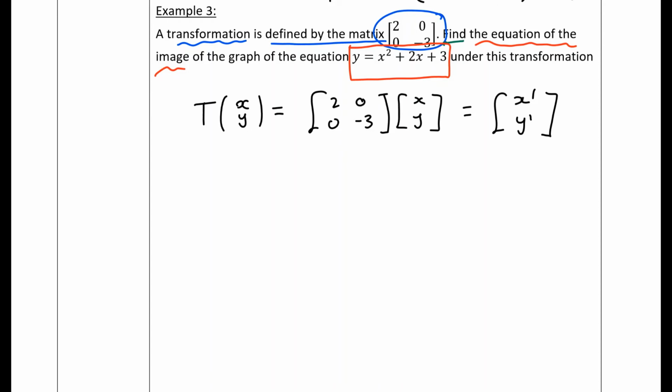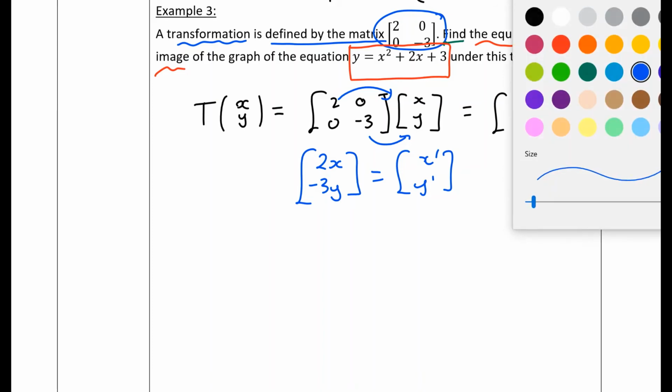Okay, I'm hoping that you paused that and gave it a go, and I'll go through the solution now. If we apply this dilation matrix, we'll get 2x minus 3y. Remember, the zeros will cancel the other variable. So 2x minus 3y, that matrix is equal to x dash y dash. So let's equate them. I'll do it in a different color because it's a different step.